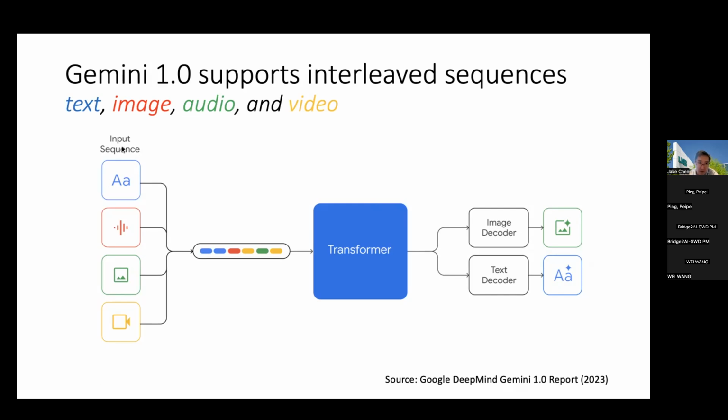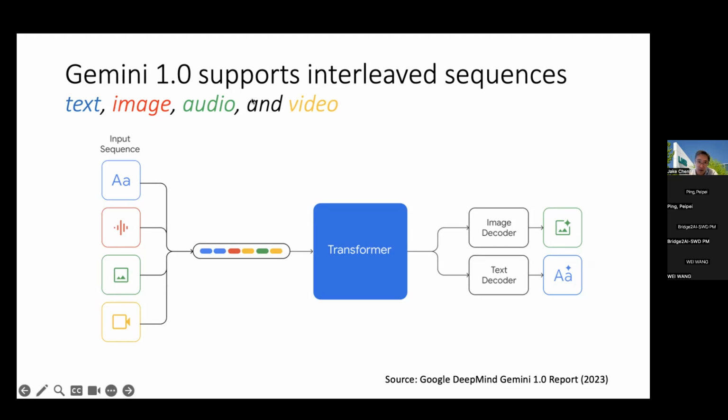Your input sequence could be any combination of text, voice, image, and video, and it goes through the transformer, and then it will be decoded into image and text for now. There's no video or voice, but I'm pretty sure in the future they will add it.